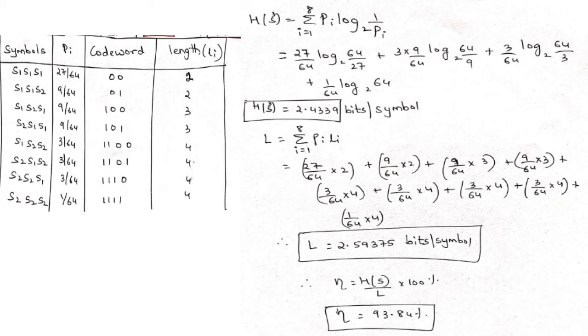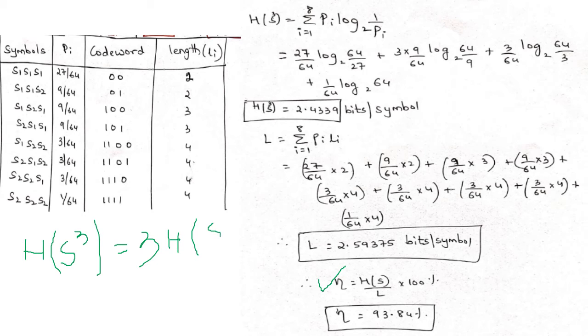So in order to compute efficiency, we need to calculate what is the entropy and average code word length. Since it is third order extension, the entropy for third order extension can be computed using 3 into h of s.